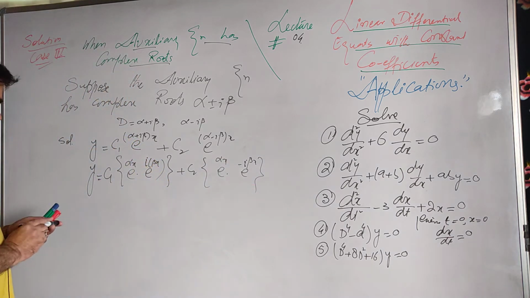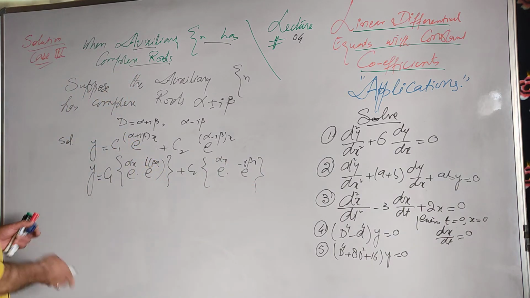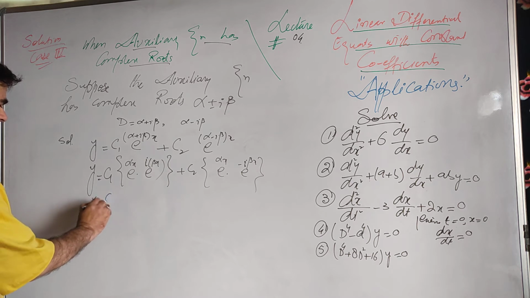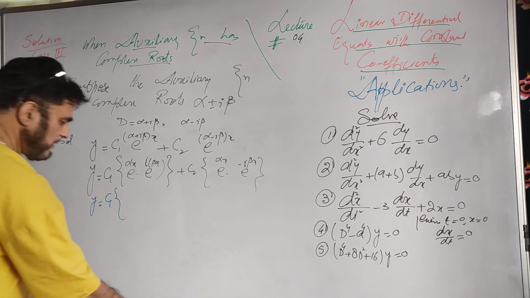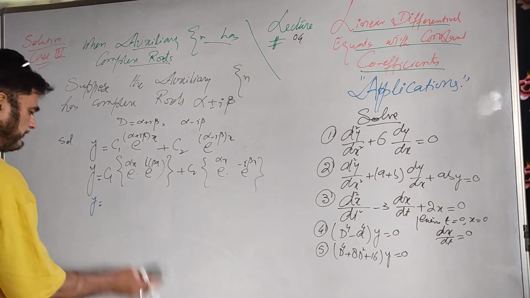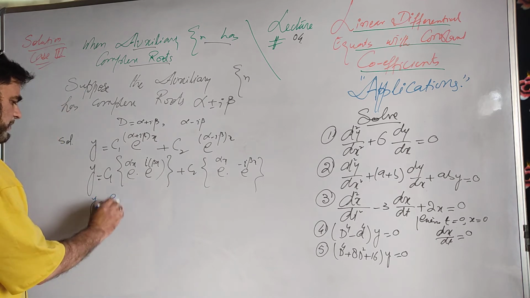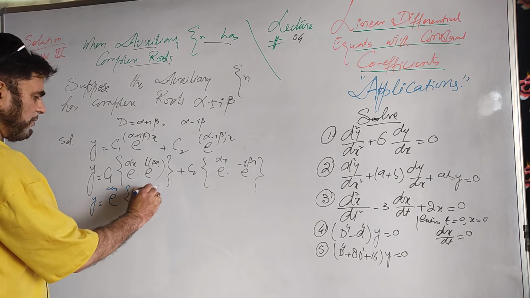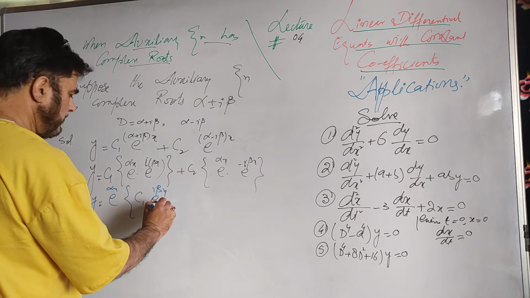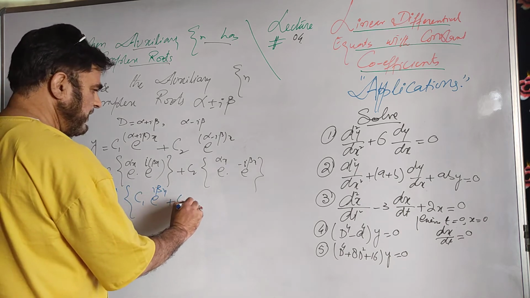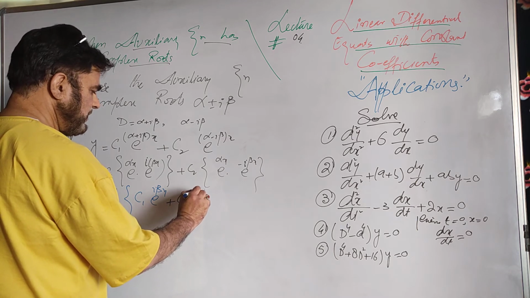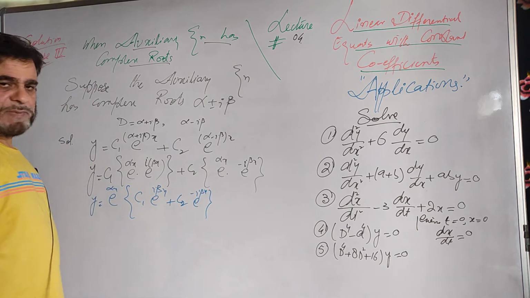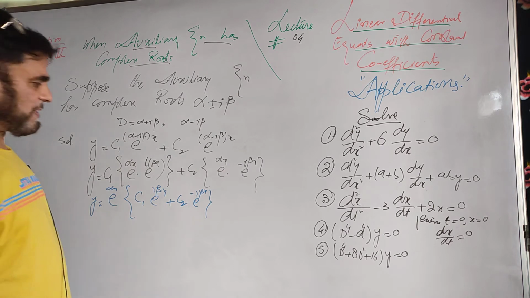Taking e raised to power alpha x common, y is equal to e raised to power alpha x times c1 e raised to power iota beta x plus c2 e raised to power minus iota beta x. We are simplifying this to write the solution in compact form.